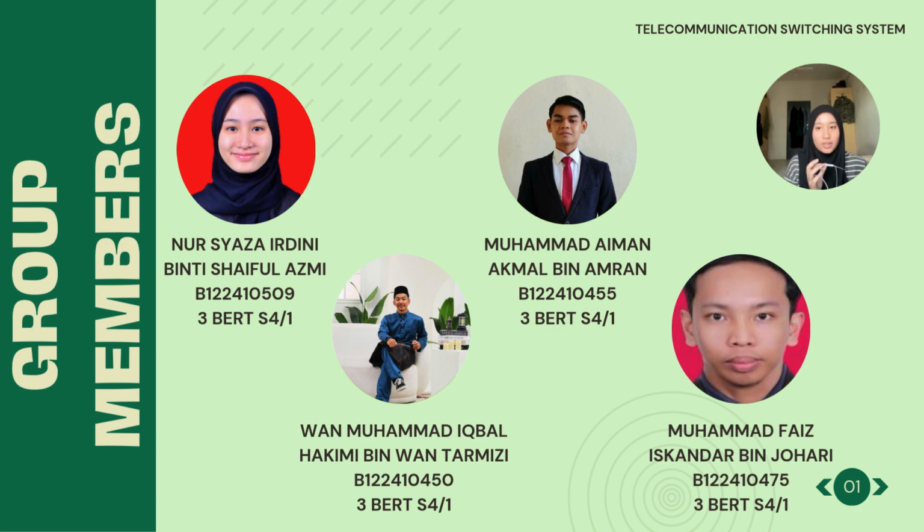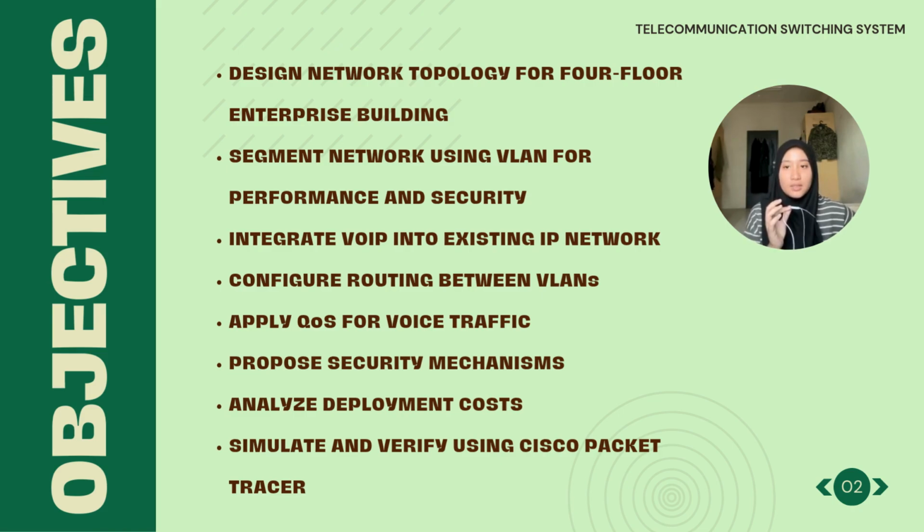Now we will continue with the project explanation. Next, I will explain our project objectives. First, the objective is to design a network topology for a 4-floor enterprise building. Second, we segment the network using VLAN to improve performance and security.